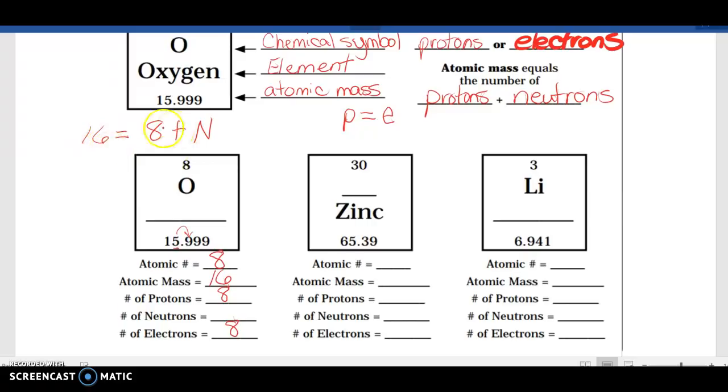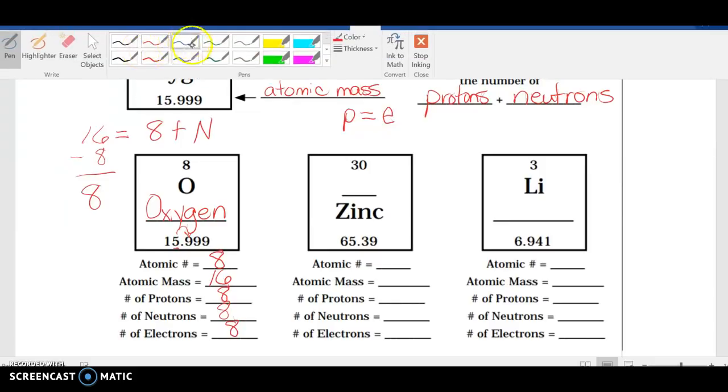So if we just switch around our fact families and subtract 8 from 16, we get 8. So there also must be 8 neutrons. And then if you look in our periodic element square, what's missing is its name. So we're going to write in here oxygen. Okay? So that's how I would go about thinking about this.